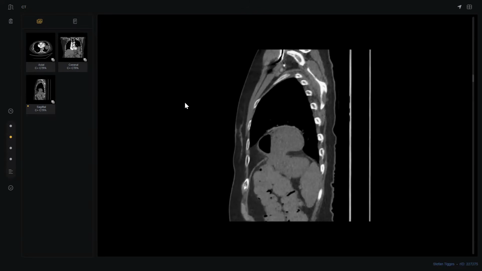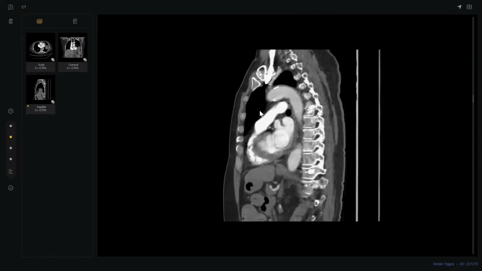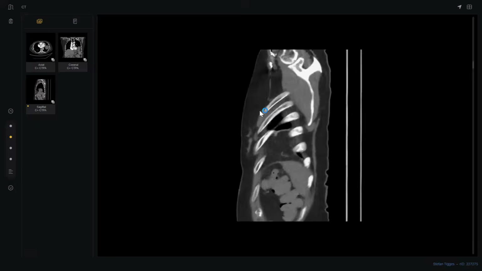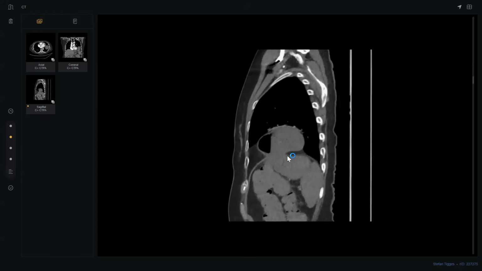I think there's no enhancement on this abdominal scan. I can see the contrast in the aorta, but I cannot see any enhancement below the diaphragm.